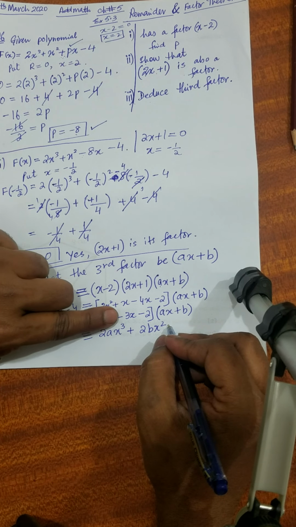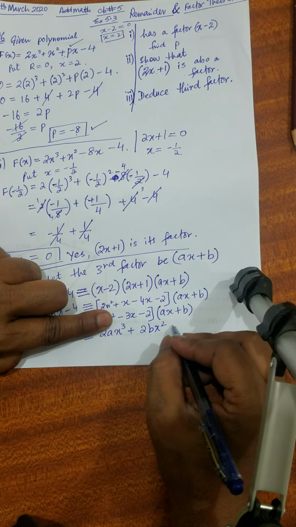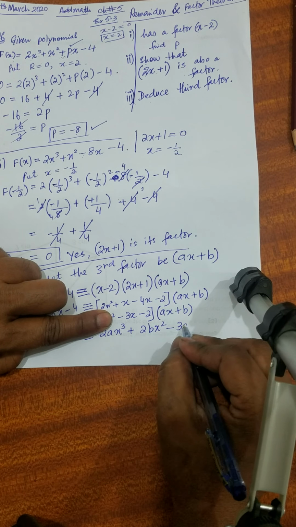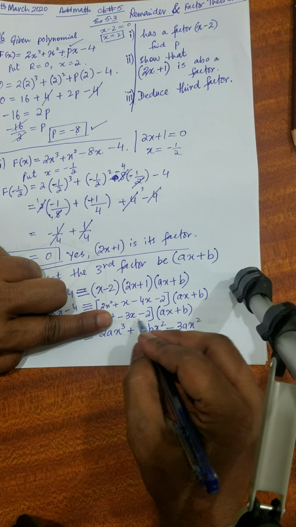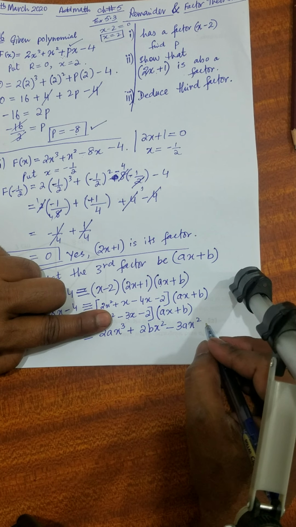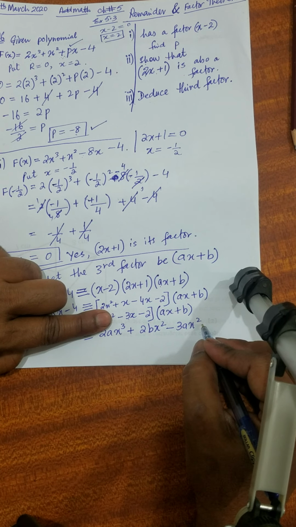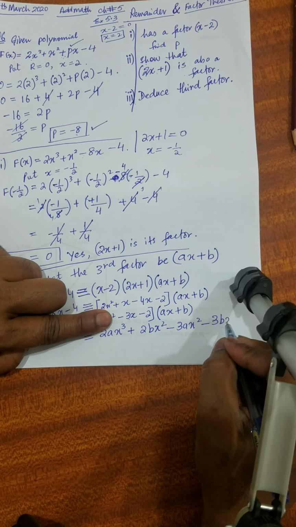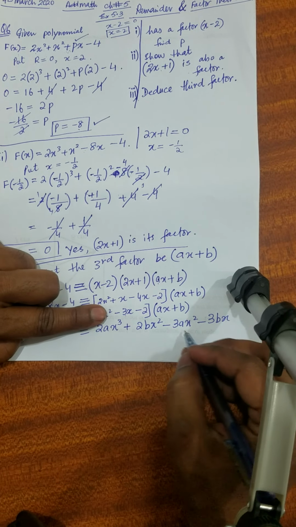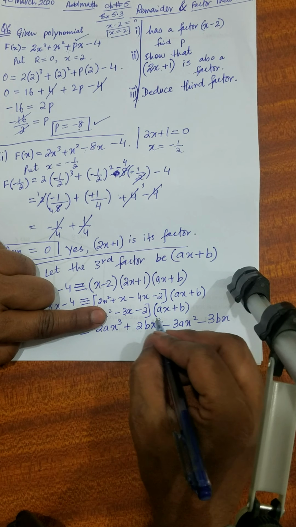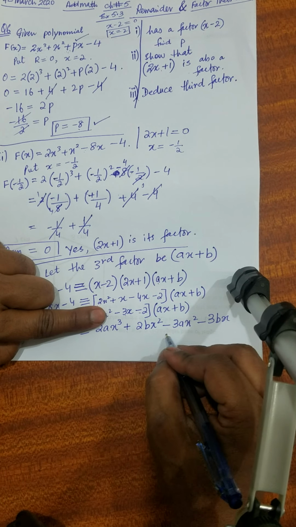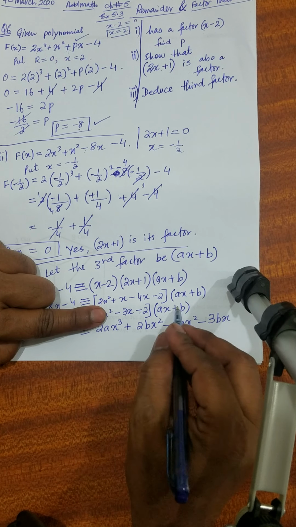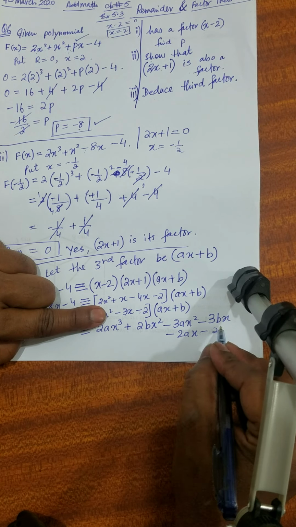Now we need to multiply with -3x. -3x multiplied by ax is -3ax square. -3x multiplied by b is -3bx, and now we need to multiply with -2. So -2 into ax is -2ax, and -2 into b is -2b.